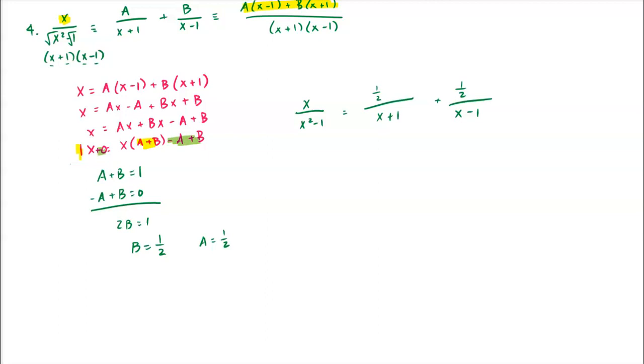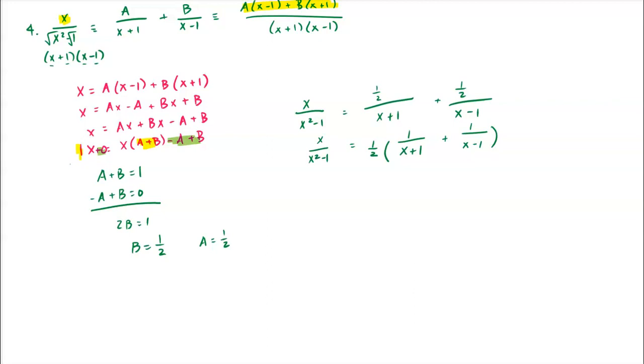So what is a good way to have a multiplier in the front? I could take out a 1/2 there, right? And I would have 1 over x plus 1 plus 1 over x minus 1. Couldn't I write it like that? That would be the same thing, right? So I could make that my final answer.